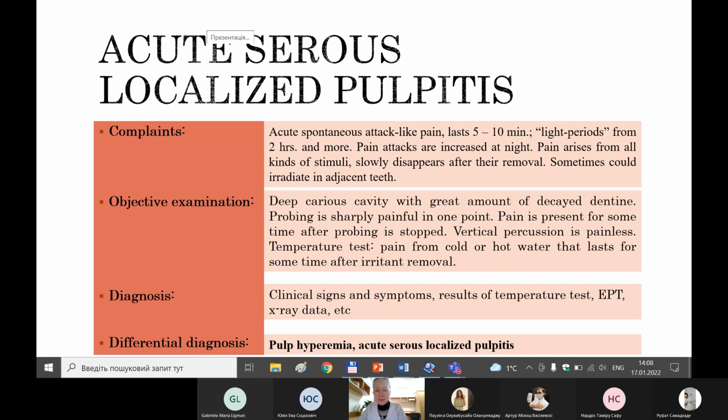A new characteristic that you can find in this disease: night pain. Pain arises from all kinds of stimuli, slowly disappears after their removal, and sometimes could irradiate to adjacent teeth. So here we have irradiation of pain, and the patient cannot clearly indicate which tooth is causing discomfort.